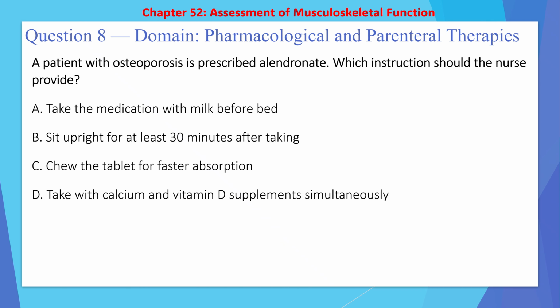A, take the medication with milk before bed. B, sit upright for at least 30 minutes after taking. C, chew the tablet for faster absorption. D, take with calcium and vitamin D supplements simultaneously. The answer is B: sit upright for at least 30 minutes after taking it.